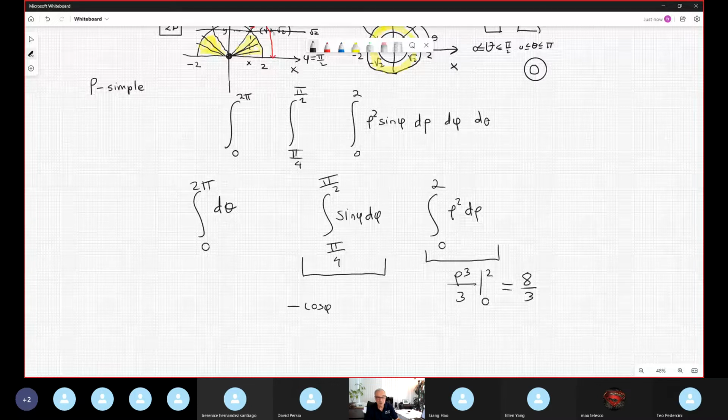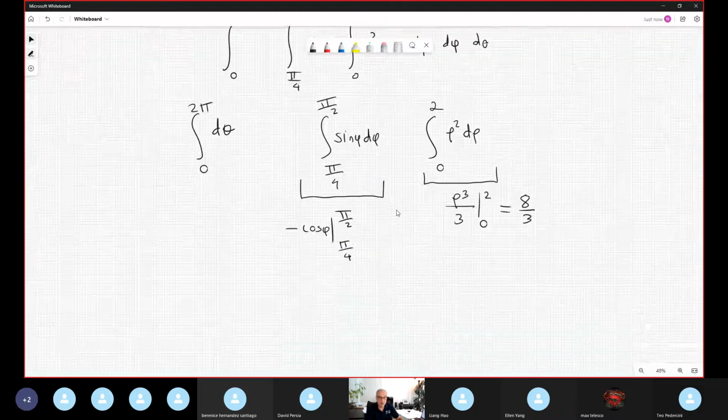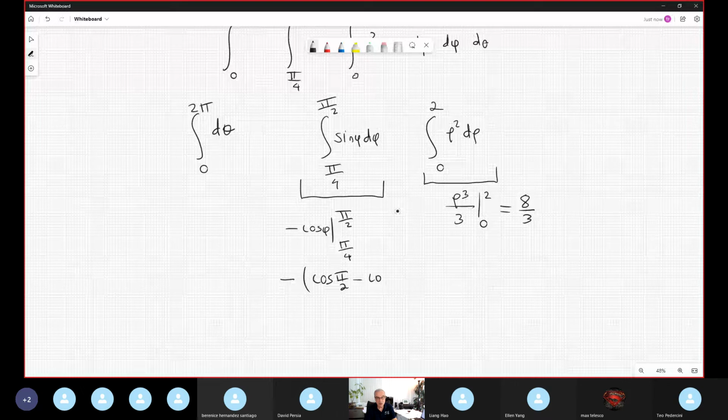Minus cosine phi, evaluated between pi over 4 and pi over 2. I don't like this negative, so I put it outside, and you plug in cosine pi over 2 minus cosine pi over 4. Cosine pi over 2 is 0, and cosine pi over 4 is radical 2 over 2. We have a double minus, so the answer is radical 2 over 2.